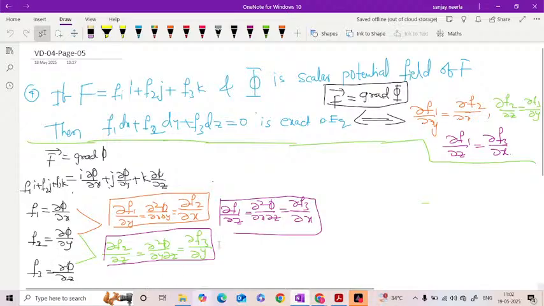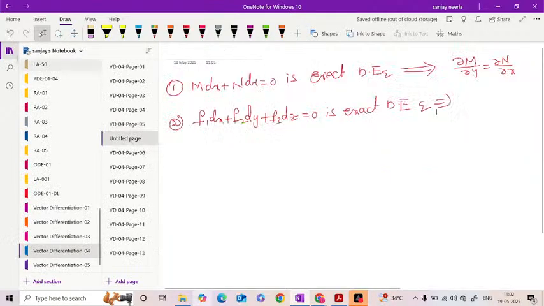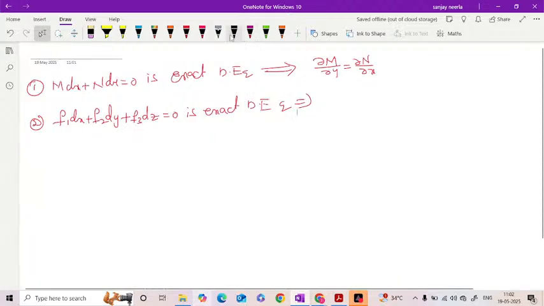After rearranging, we get dou f1 by dou y is equal to dou f2 by dou x. Similarly, dou f2 by dou z is equal to dou f3 by dou y, and dou f1 by dou z is equal to dou f3 by dou x. So that is the necessary and sufficient condition for this exact differential equation.